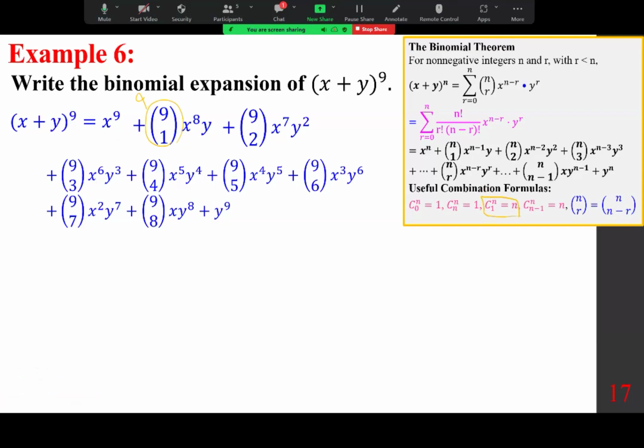And of course, so is this one. But anyway, we write it in this fashion. Let's write this one: 9 factorial divided by 2 factorial times 9 minus 2, 7 factorial, x to the power of 7 y squared.